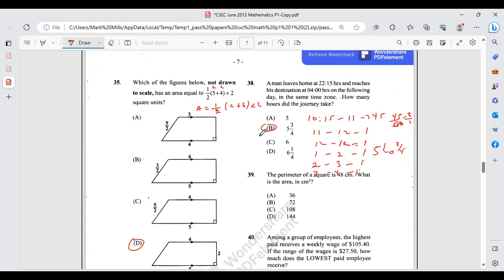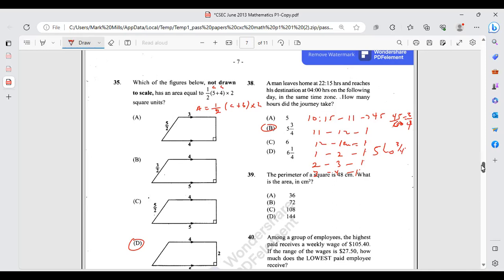Yes, go ahead. You know that from 10:15 to 11 will give you 45 minutes. The 45 minutes can be changed to a fraction, 45/60. When you break it down, you get 3/4. You divide both up and down by 15. We get that?